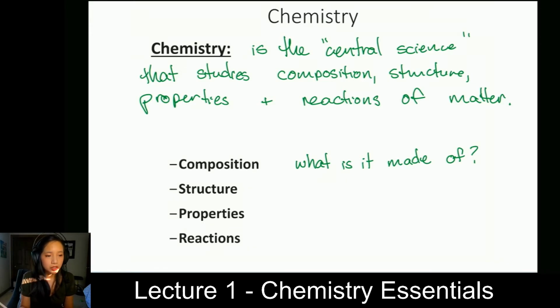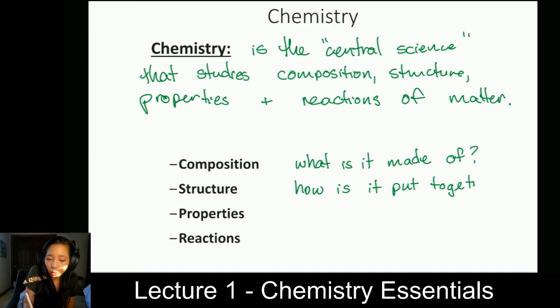Then you can ask yourself, what is the structure of this matter? Essentially, how is the piece of matter put together? That is very important to chemists because you can have oxygens, hydrogens, carbons put together in different types of arrangements, and you can get completely different characteristics out.